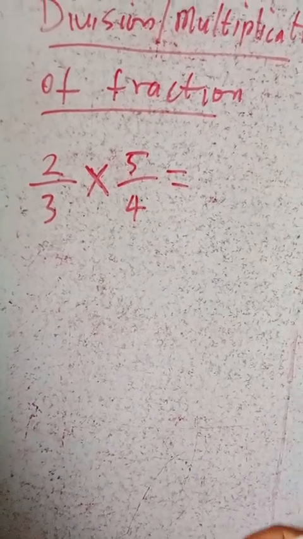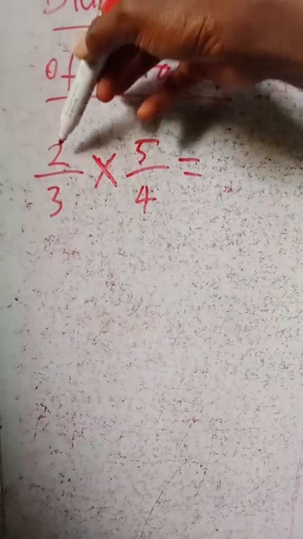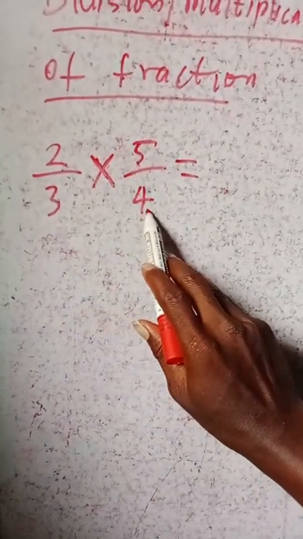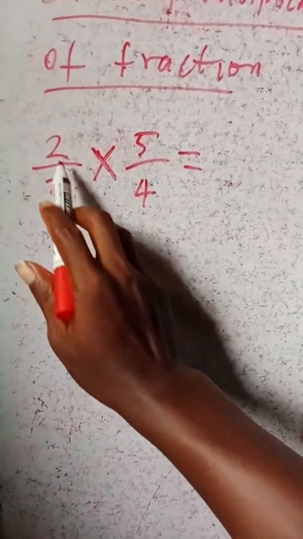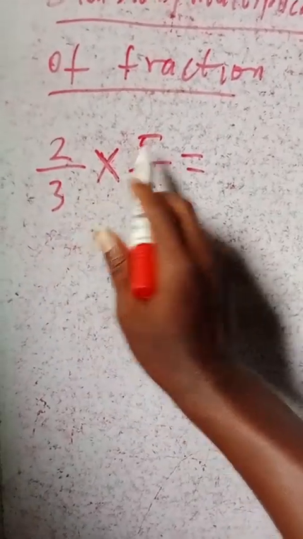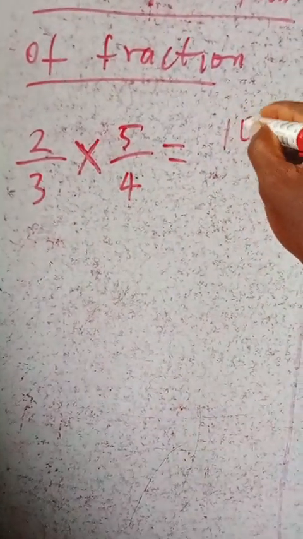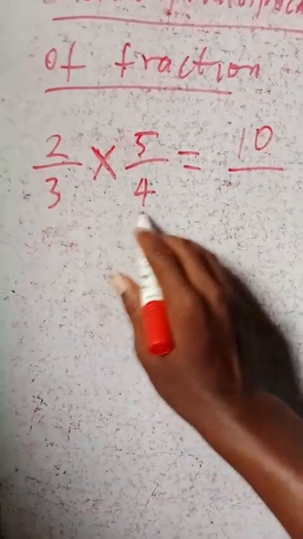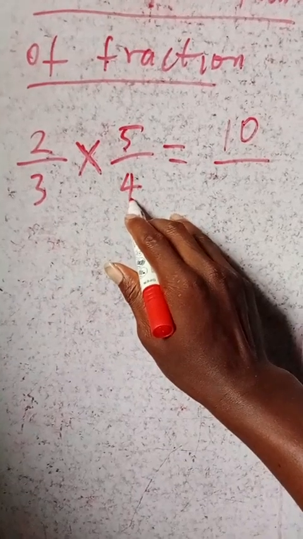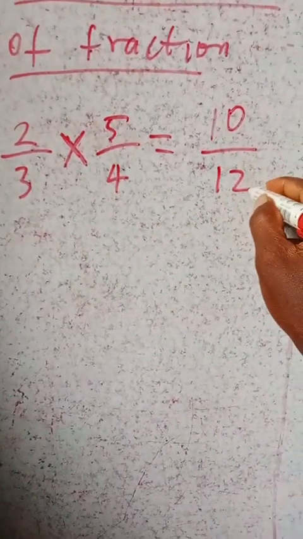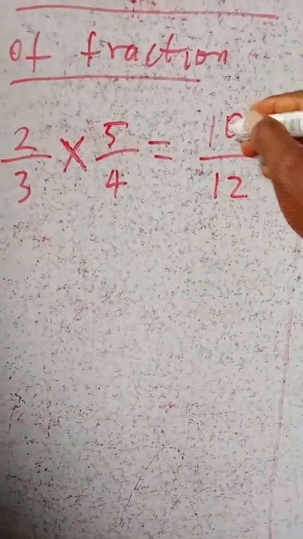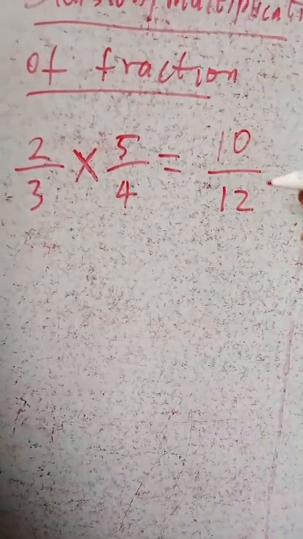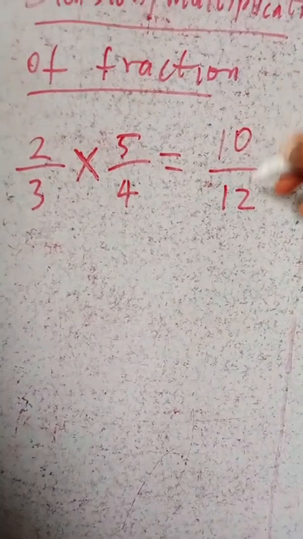How we multiply fractions is numerator to numerator, then denominator to denominator. So 2 times 5 is 10, and all over 3 times 4, which is 12. So you have 10 over 12.